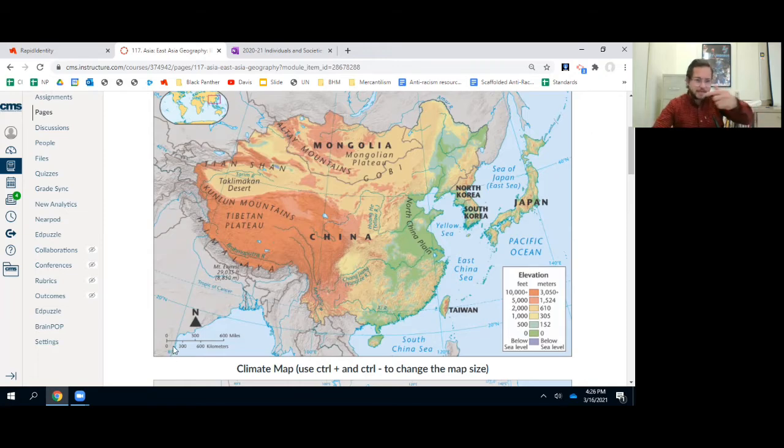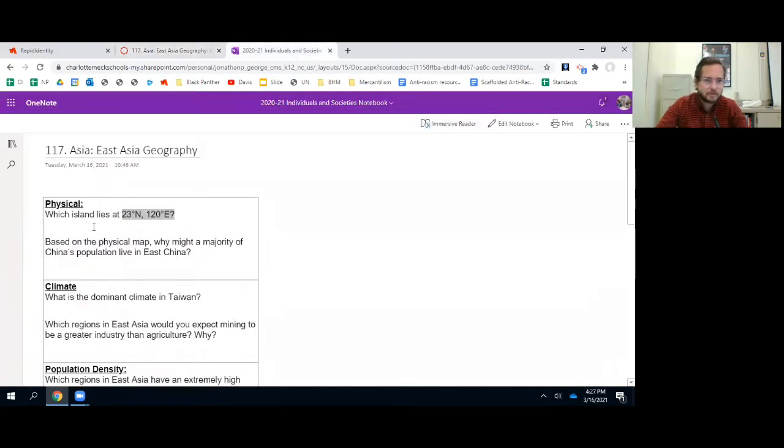If we continue east to 100 degrees east, to 120 degrees east, where those two lines intersect is going to be the location of that island, or just about. So we have 120 degrees east and 23 degrees north. We're right there. So the answer should be Taiwan. Please make sure, if you have not done so yet, that you go ahead and type that into the digital notebook.